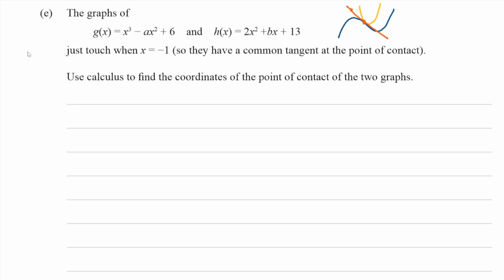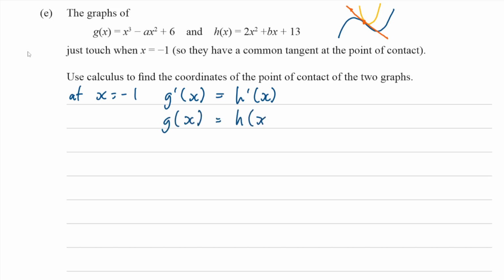So what does that mean? At x equals minus 1, common tangent means that the gradient at that point for both functions is the same, so the gradient of g of x and h of x would be equal. We also know that at x equals negative 1, the y values would be equal, because those functions are just touching, which means they go through the same point.